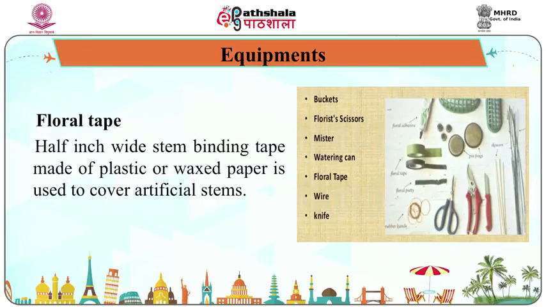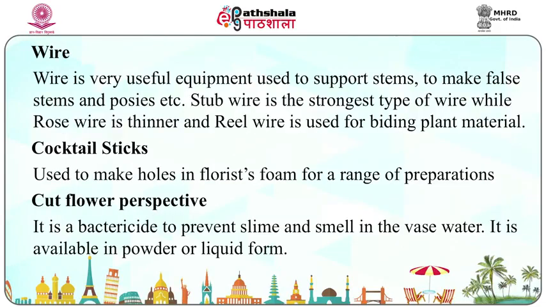The third example of equipment is floral tape. Half-inch wide stem binding tape made of plastic or waxed paper is used to cover artificial stems. Fourth example of equipment is wire. Wire is very useful equipment used to support stems, to make false stems and posies, etc. Stub wire is the strongest type of wire, while rose wire is thinner and reel wire is used for binding plant material.